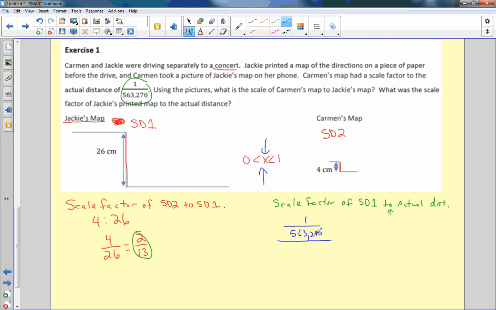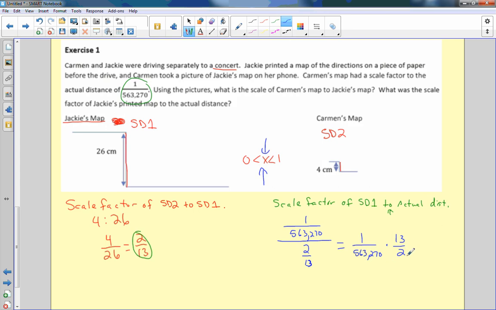So 1 over 563,270, and if I divide that by 2 over 13, then when I do my flip it and switch it, that is the same as taking 1 over 563,270 and multiplying by 13 over 2, the reciprocal of 2/13.